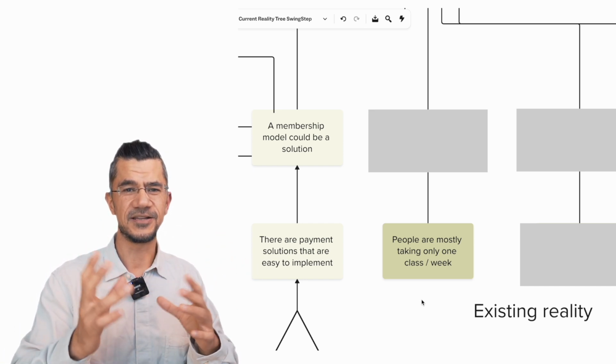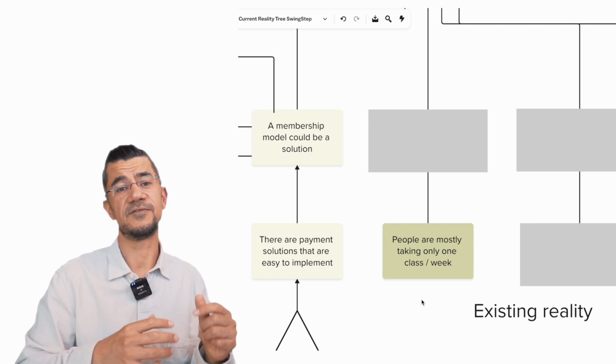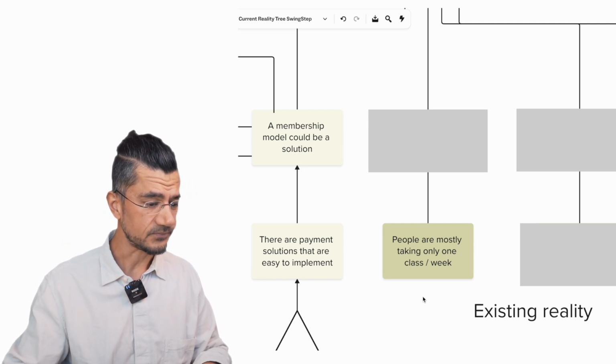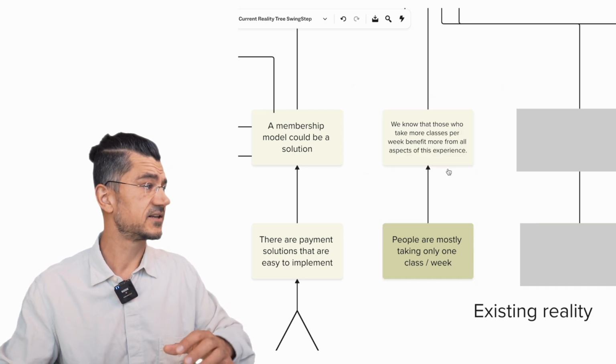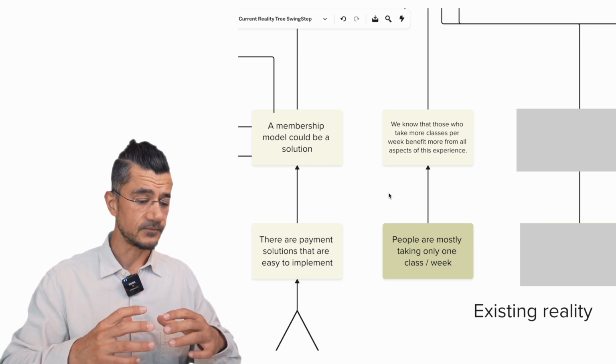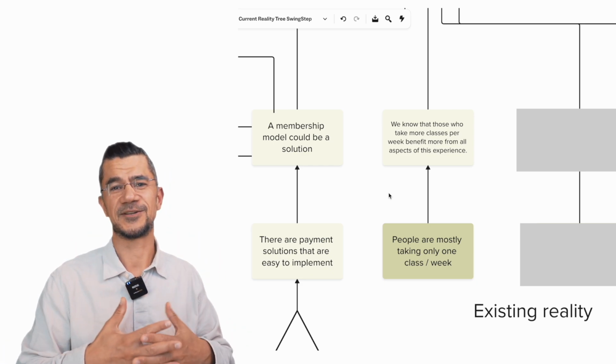And they didn't have so much motivation for the other classes, considering how much they had to pay for it. As a consequence, people didn't benefit from all the aspects of our community.